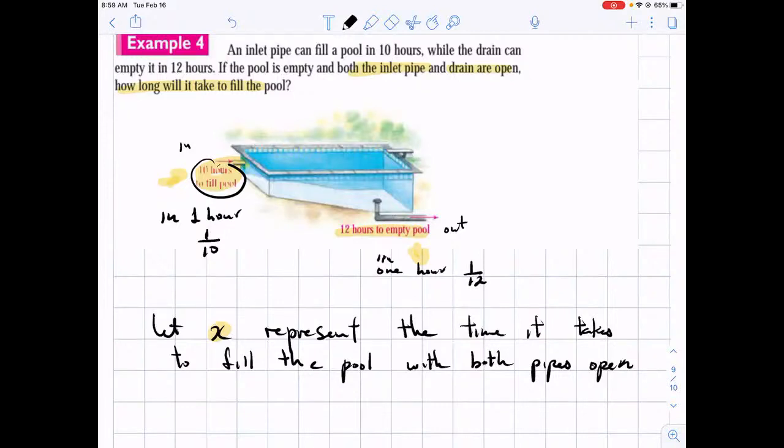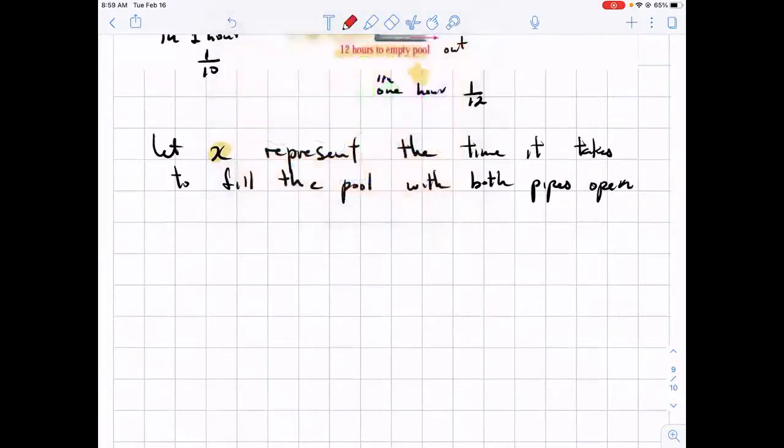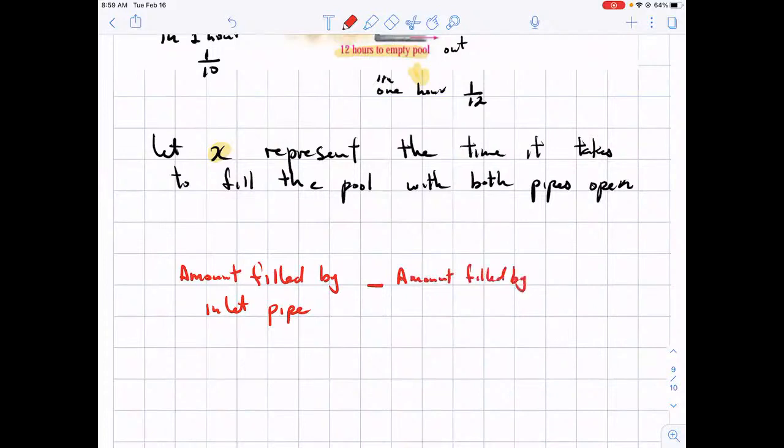We can say that the amount filled by the inlet pipe minus the amount filled by the drain pipe is equal to the fraction of pool filled with both pipes open.